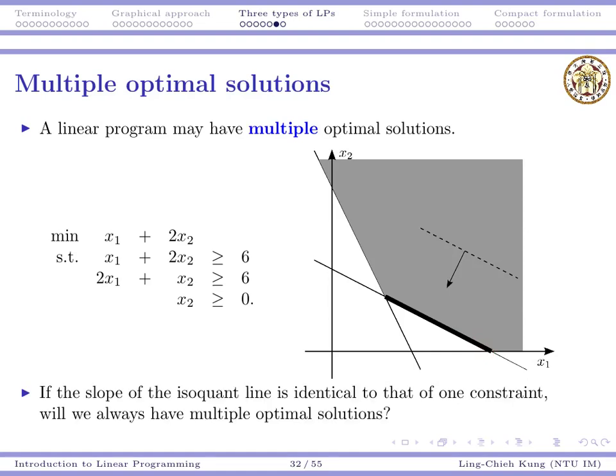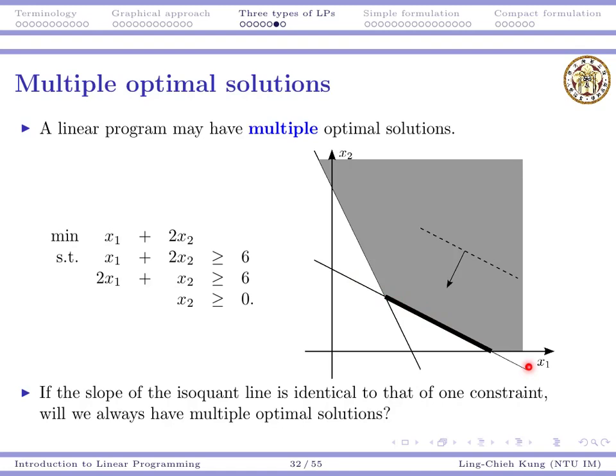Here, one thing we observe is that the slope of the objective function and one constraint is identical, and that's why you can see that there's one isoprofit line that will intersect with the constraint, or the edge, at a line segment.